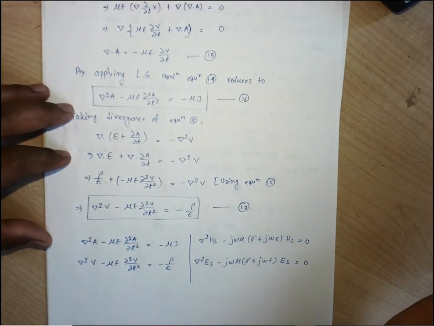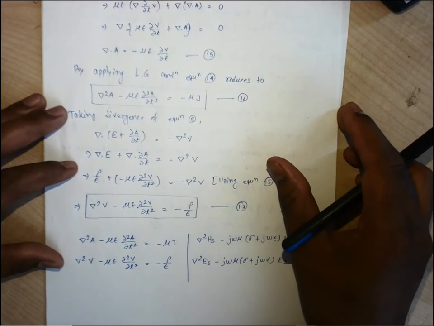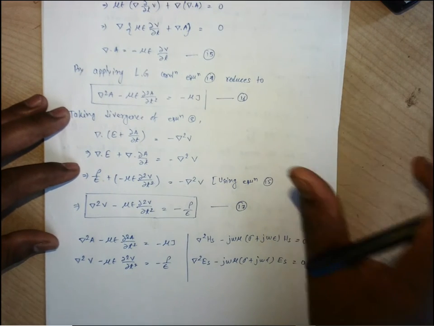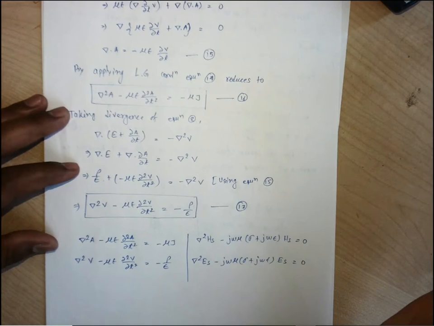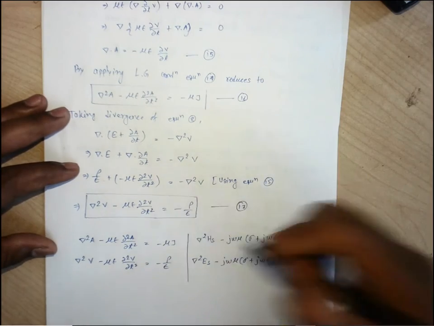When we have a certain time varying source, then we have electric and magnetic vector potentials, and both of these are governed by the wave equations. Whenever we excite any source with a time varying source, let us consider an AC source, we will have this electric and magnetic vector potential, and both are governed by these wave equations.